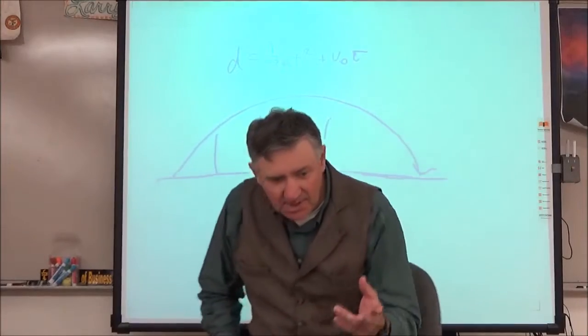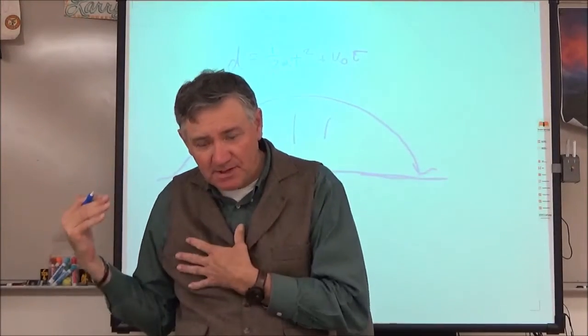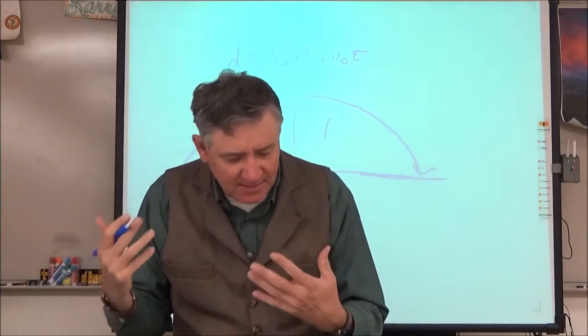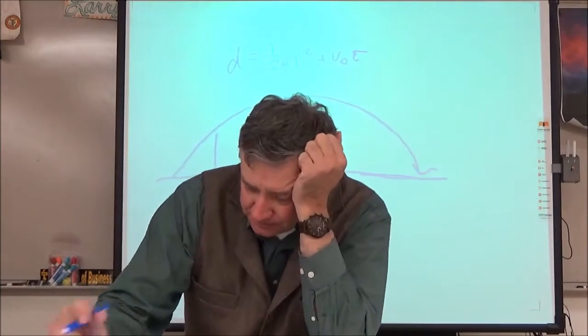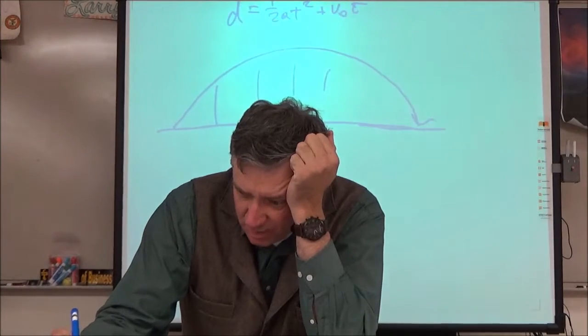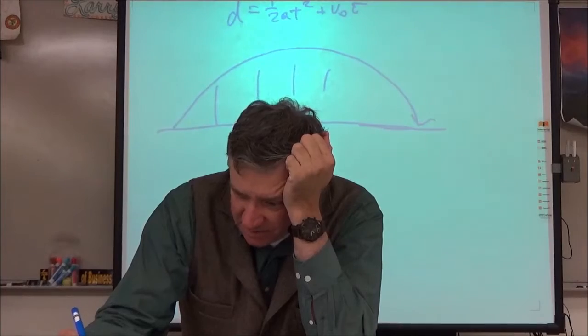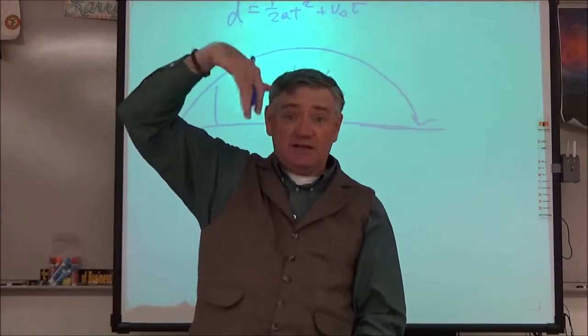Now, if you're looking at that lab, here's where you can't use that particular equation. Look at the last question on the lab. Here's this wall, which is 7.5 meters tall, which is pretty tall. This ceiling's like 2.5.